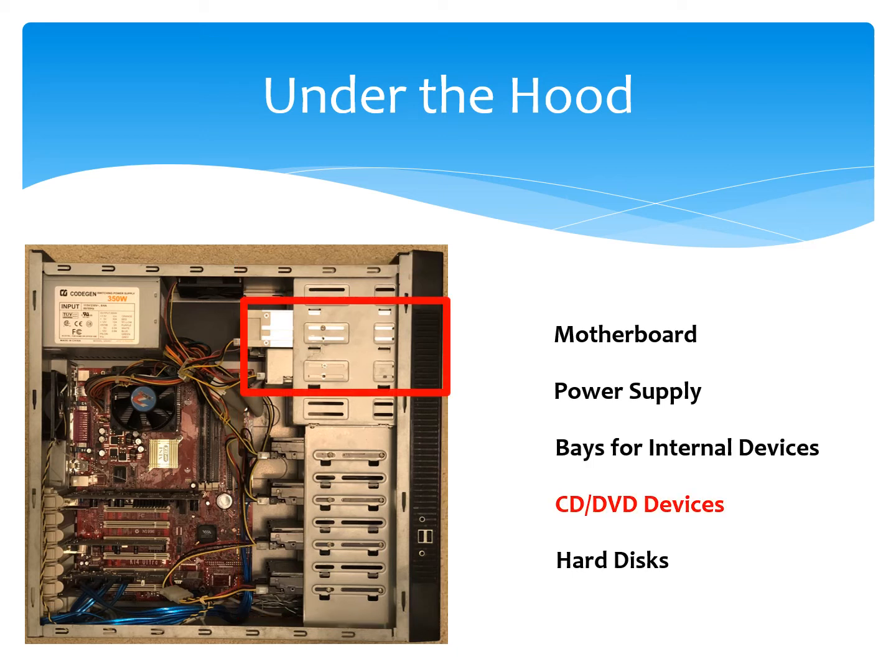Fourth, as shown on the screen, are the CD and DVD devices, each of which occupied a 5¼ inches bay. Fifth, as highlighted in red, are 4 3½ inches internal hard disk drives, each of which occupied a 3½ inches bay.